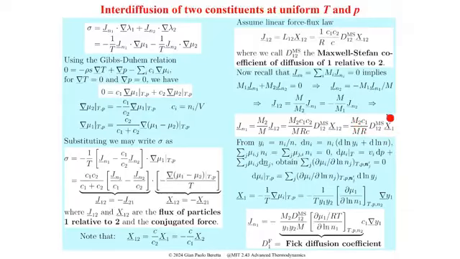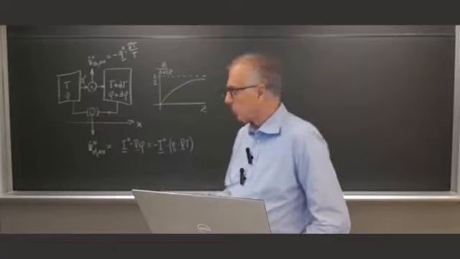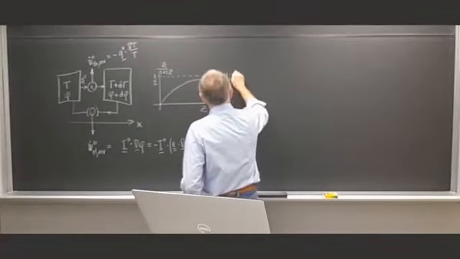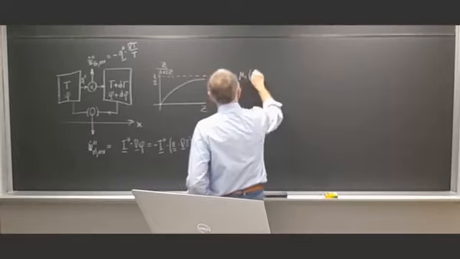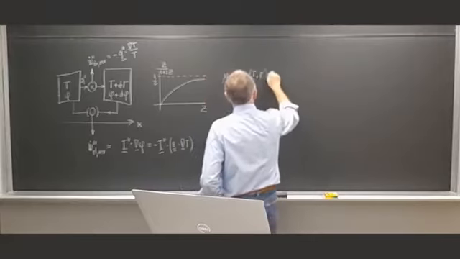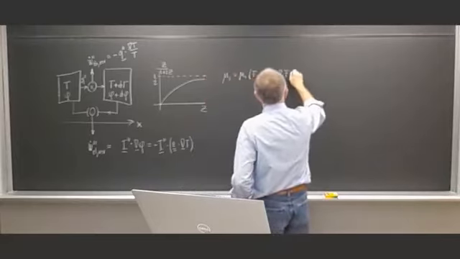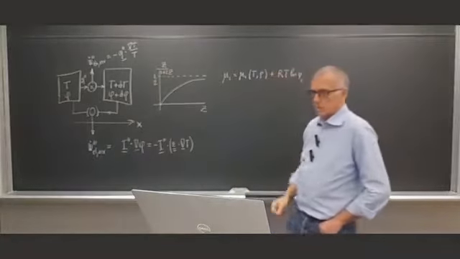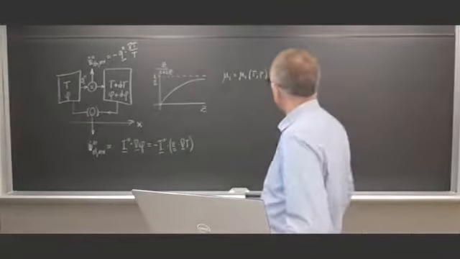And then the gradient in chemical potential of particle 1 can be related, if you do properly the various derivatives, since the chemical potential is a function of the concentration. So you remember our usual expression here, for example, for an ideal mixture.